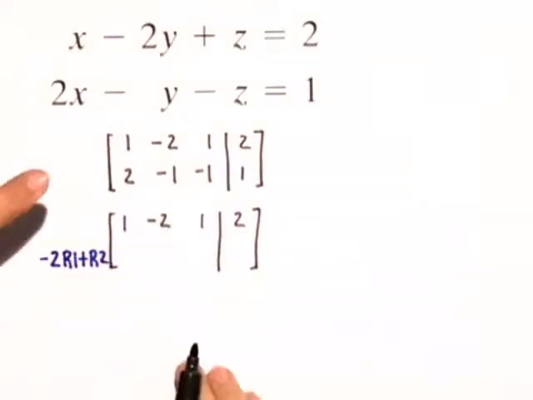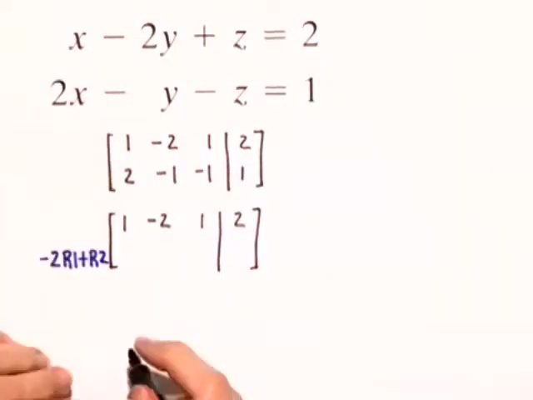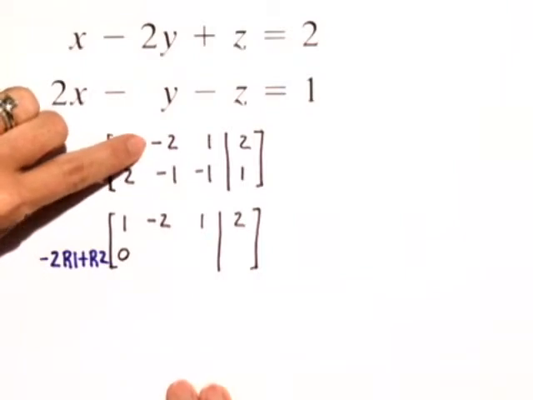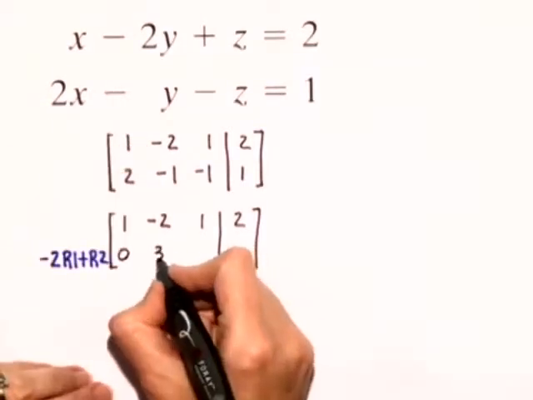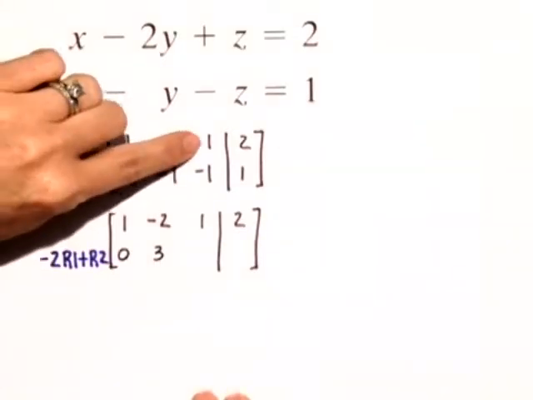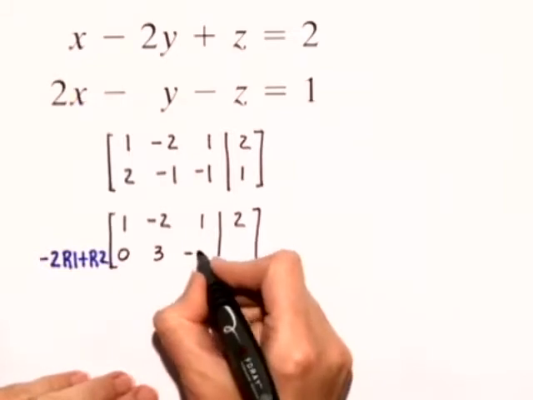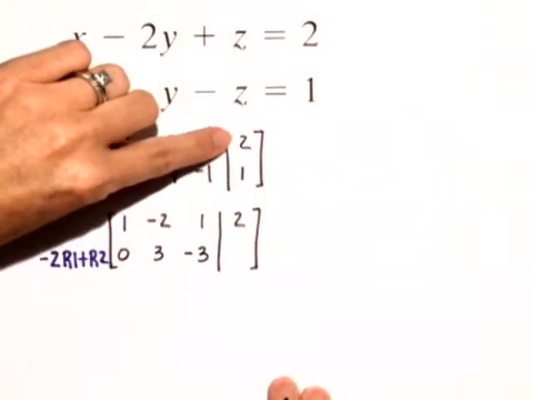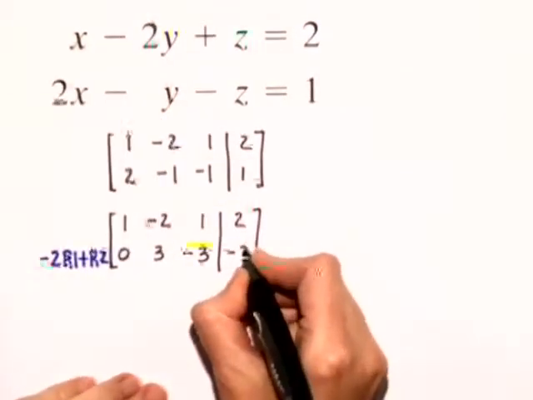So let's do that. -2 times 1 is -2, plus 2 gives me 0. -2 times -2 is 4, plus -1 gives me 3. -2 times 1 is -2, plus -1 is -3. And finally, -2 times 2 is -4, plus 1 gives me -3.